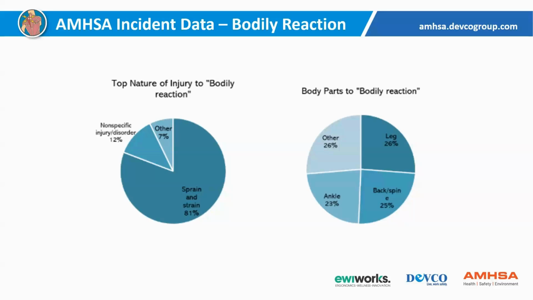So with bodily reaction, you want to think of a non-impact injury resulting from excessive physical effort. So it could be bending, climbing, reaching, standing, slipping or tripping without falling. All these things that, again, we might associate with adopting an awkward posture or trying to hold ourselves up, trying to stop ourselves from falling, things of that nature.